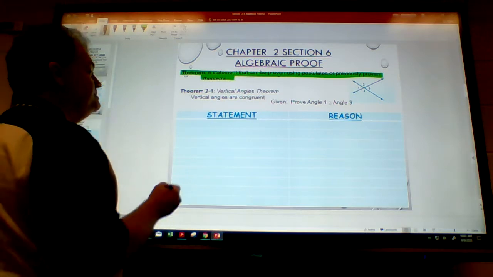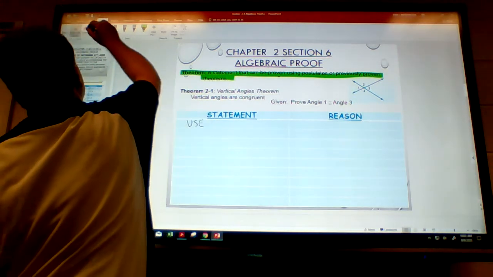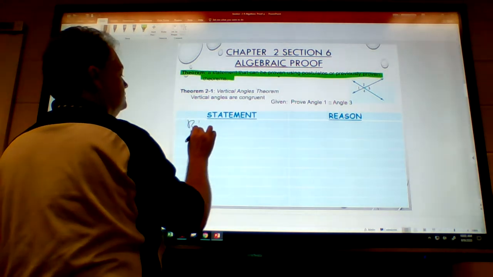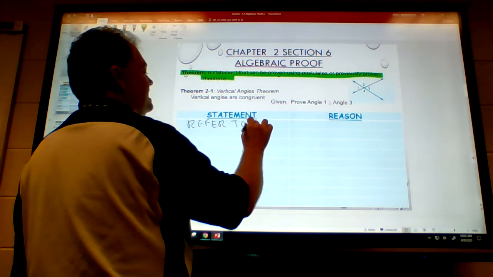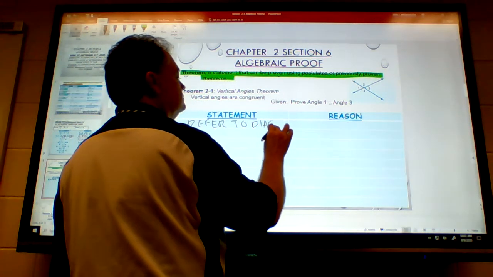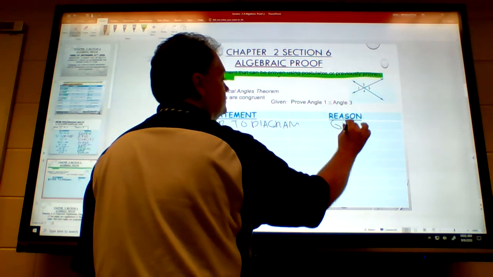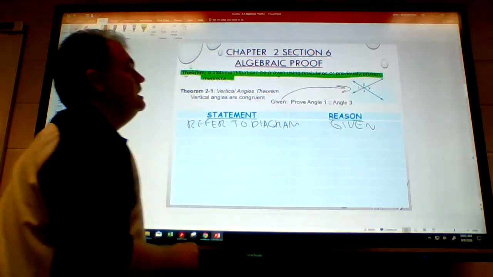We have the diagram. So I'm just going to say, refer to diagram. And that reason is the given. That's our given.